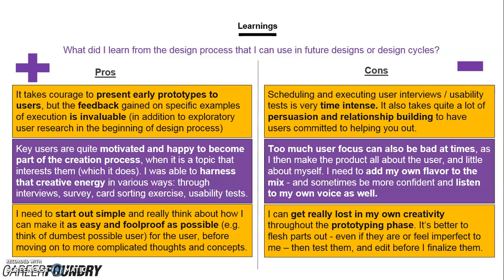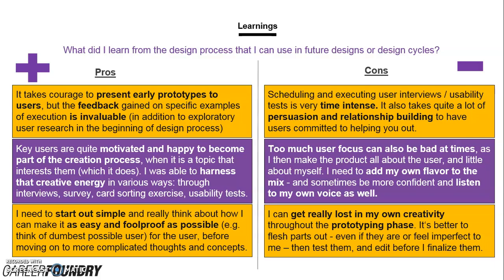That kind of stands in contrast with my last takeaway, which is that I can get really lost in my own creativity. Which happened during the prototyping phase. It lasted way too long, which postponed my delivery dates of the assignments.